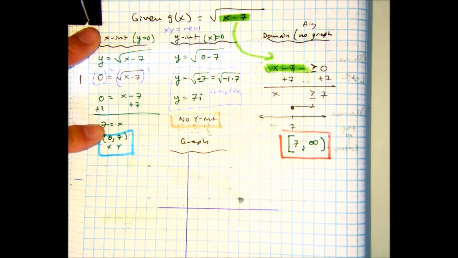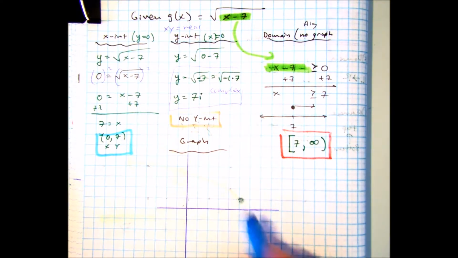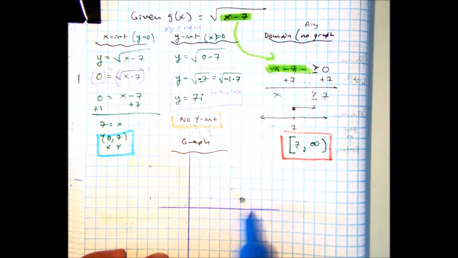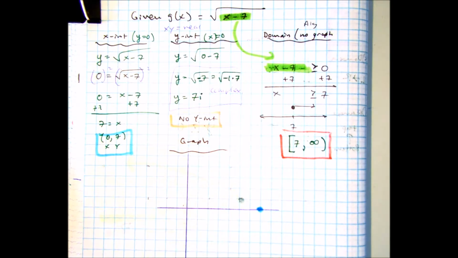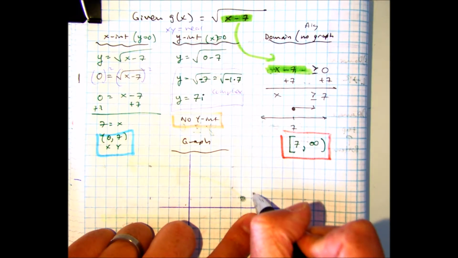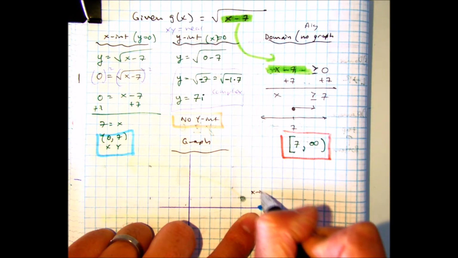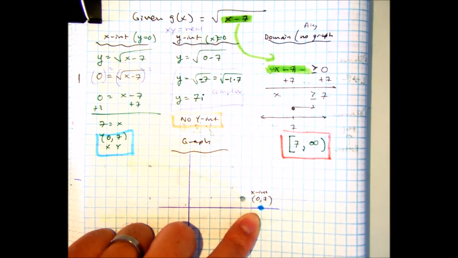Okay, our x-intercept of 7, 0. You can pick up your pencil now. This is our x-intercept. Everyone say label. This is how you label. So when it says on your next quiz, label it just like that.